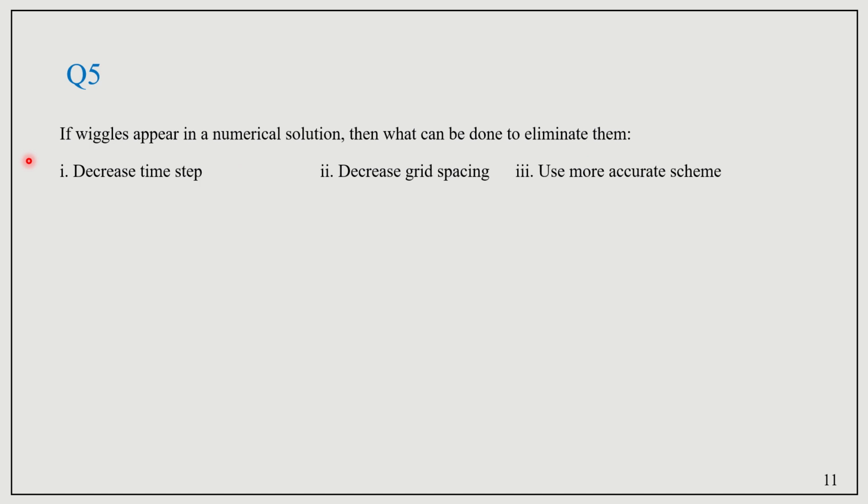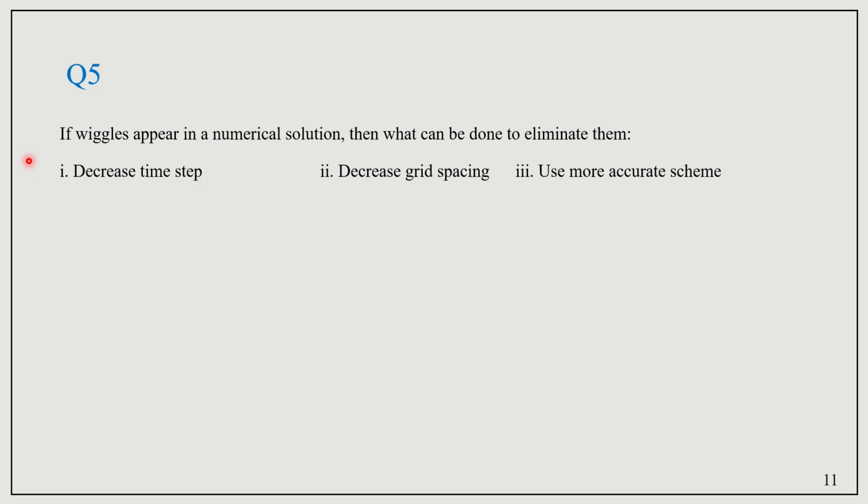We have seen what wiggles are and when they appear in the first question itself. There we saw that wiggles are caused due to the dispersive error, that is, these spatial oscillations are caused by the appearance of spurious oscillations in the solution, and it occurs by propagation of different wavelengths at different speeds. At that time itself we saw how to minimize that numerical dispersion error.